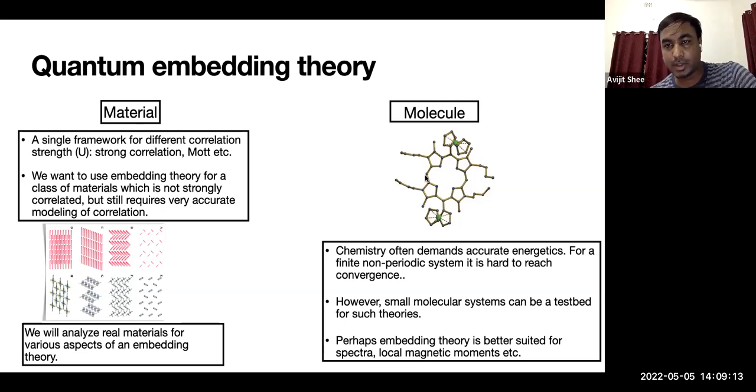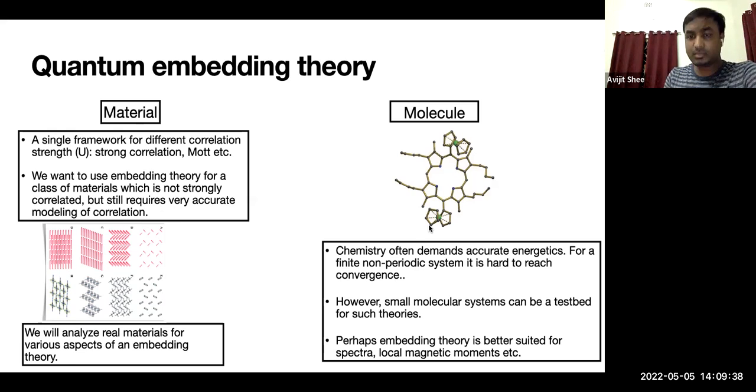Here I have shown a porphyrin-type structure, where there are two metal centers within an organic backbone, and one can focus on these metal centers where one can use some high-level method, and a low-level method for the organic backbone.